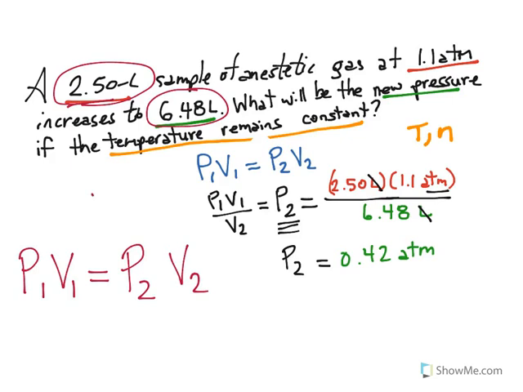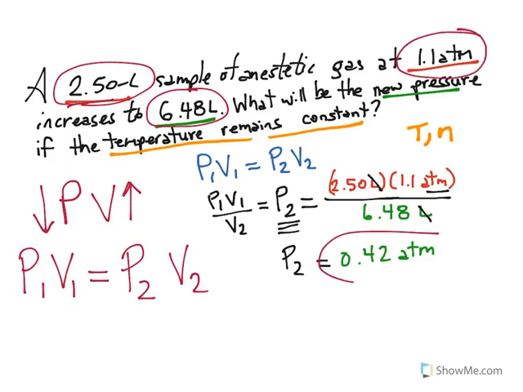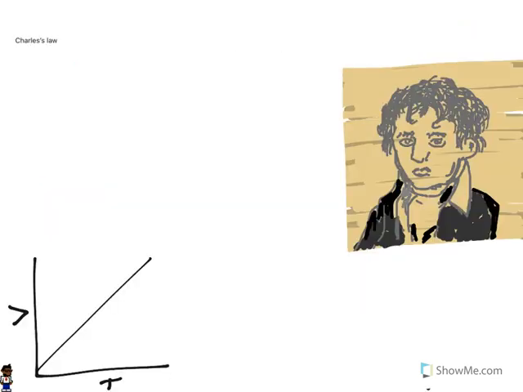That means that our volume went up. And remember, we said they're inversely proportional. So if our volume went up, that means our pressure must go down. We started off with 1.1, and now we're at 0.42. So it did go down, so we're on the right track here. And that's how you use Boyle's law to solve a problem like this.